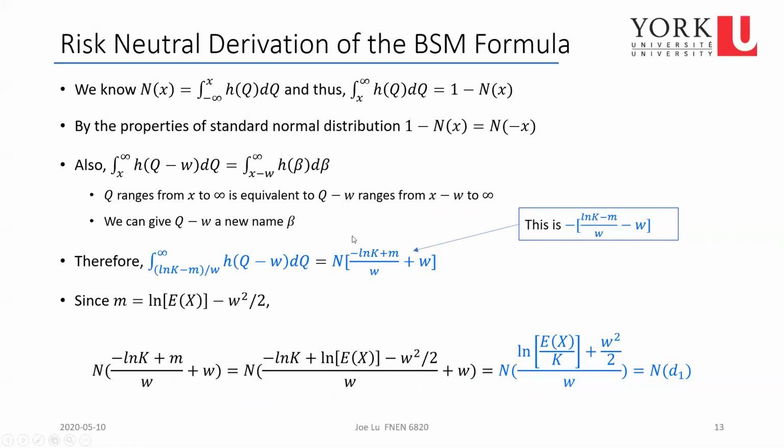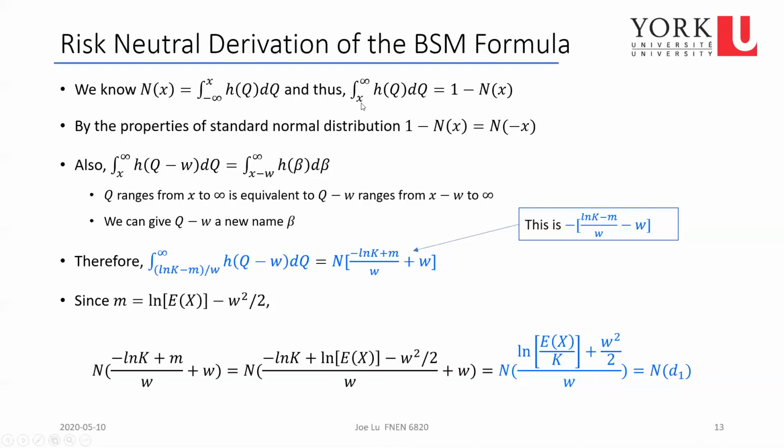Now, there's a few things that we can use. Number one is if we switch the order, the places how we integrate. So here, if we integrate from minus infinity to x, then we know basically this is the definition. Then it's N(x), and N(x) is actually defined this way.